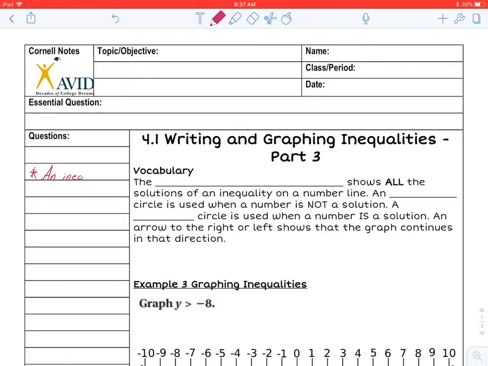An inequality may have multiple solutions, while equations only have one solution.